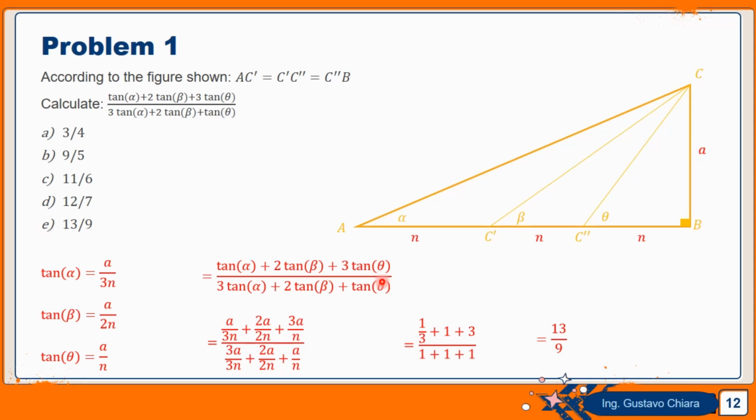So the answer of problem number 1 is the letter E. So as you can see, all the problems about this topic are not very difficult. It's just to apply the formulas, and also resolve the problem step by step.